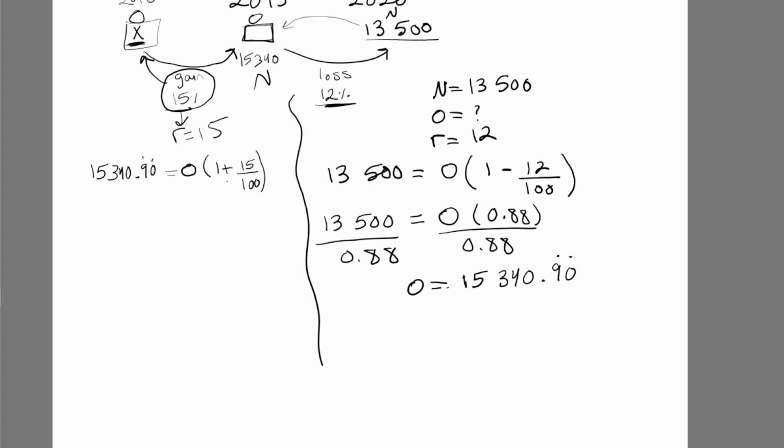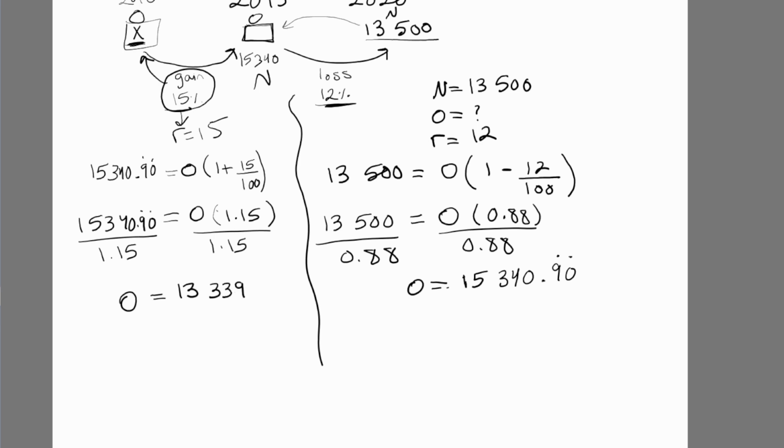Okay. Of course, again, we're using plus because this is a percentage increase. Now, again, we're going to evaluate what's inside the bracket. It gives us 1.15. And now you divide by 1.15. We get the old price being, let's see, 13,339.92.